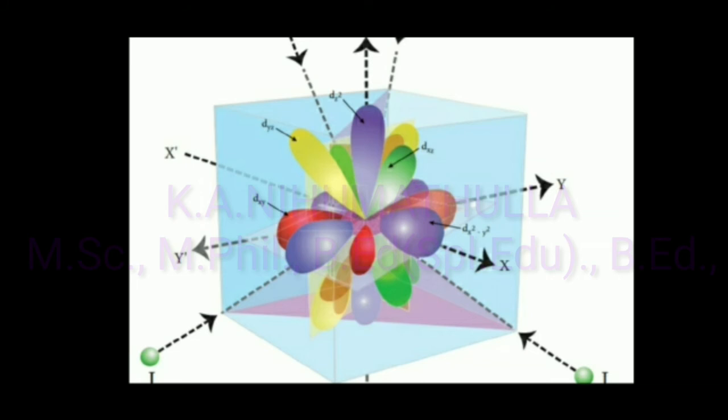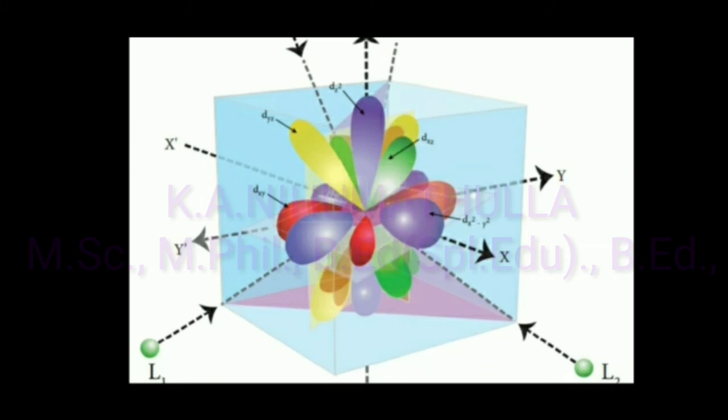The relation between the crystal field splitting energy in octahedral and tetrahedral ligand fields is given by delta T equal to 4 by 9 delta O.